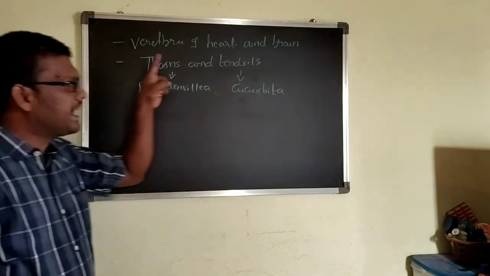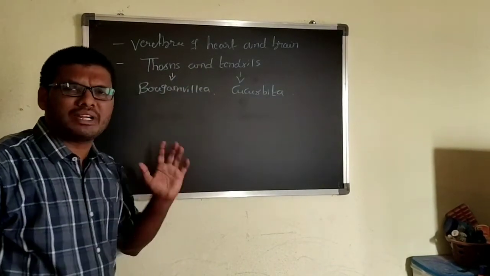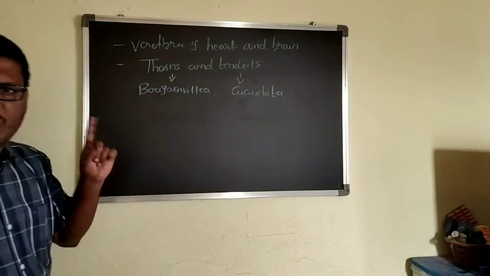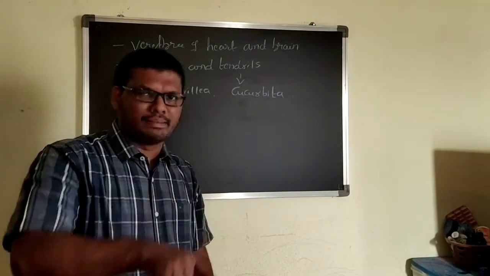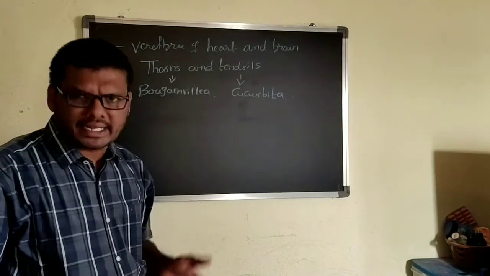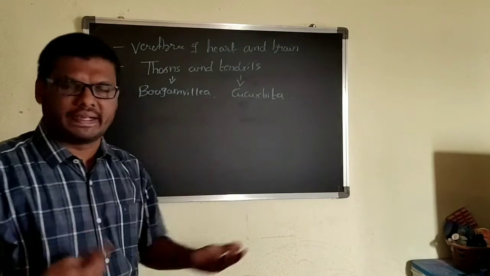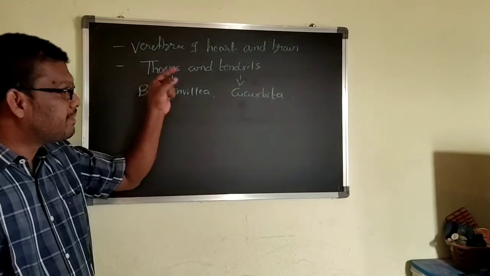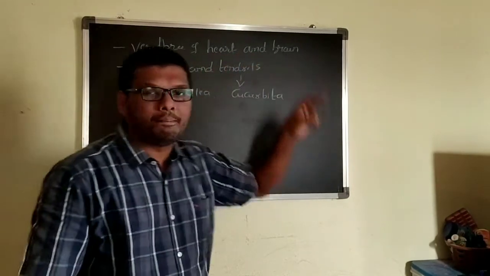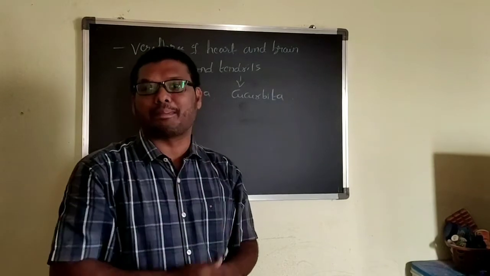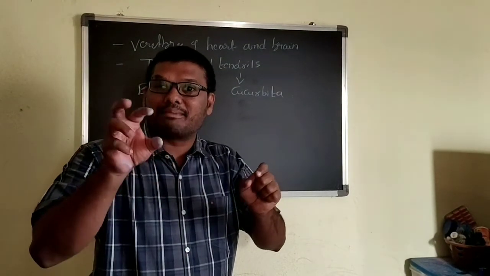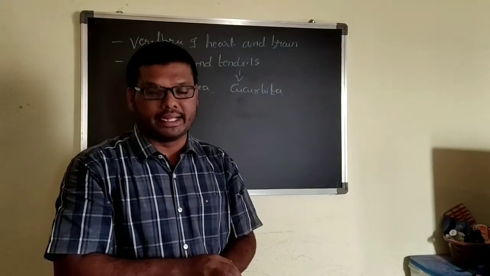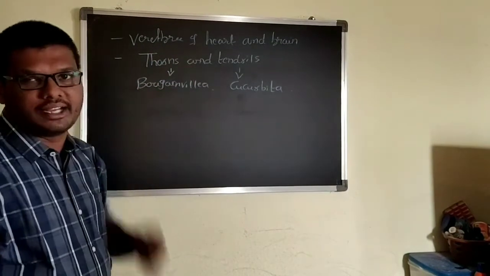See, vertebrate heart and brain. What is a homologous organ? Structurally similar, functionally different. The heart and brain are structurally similar because they have ventricles, the same structural pattern, and the function is different.